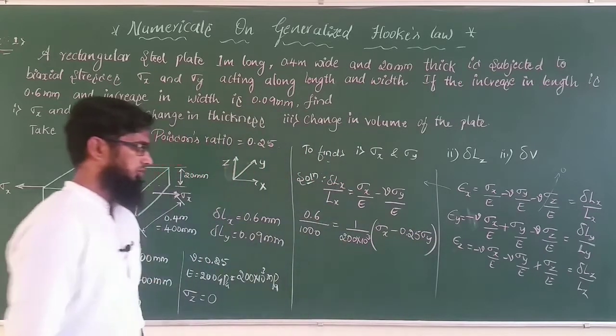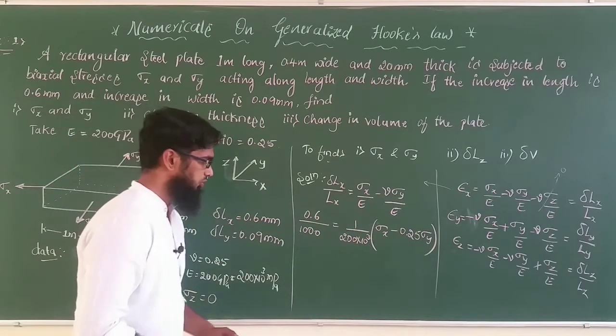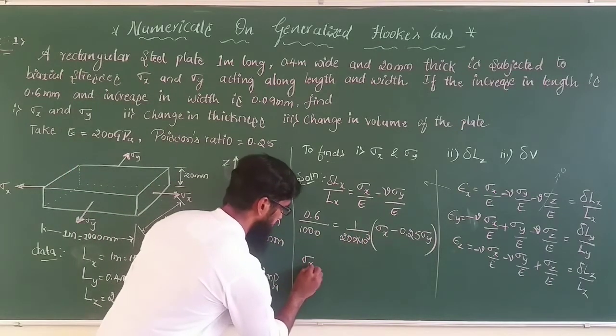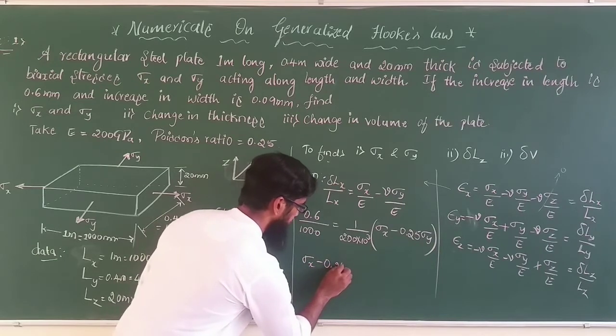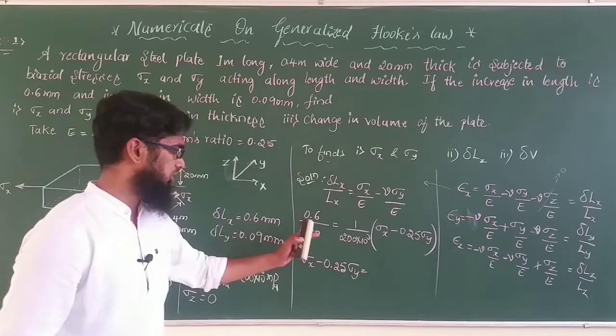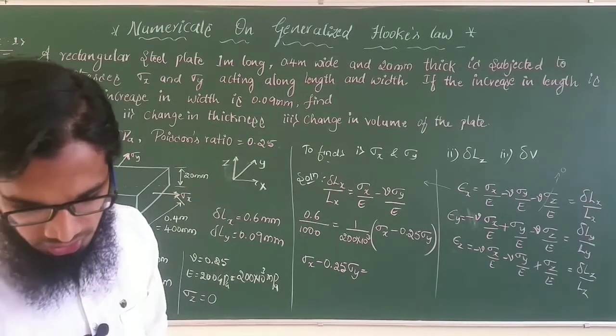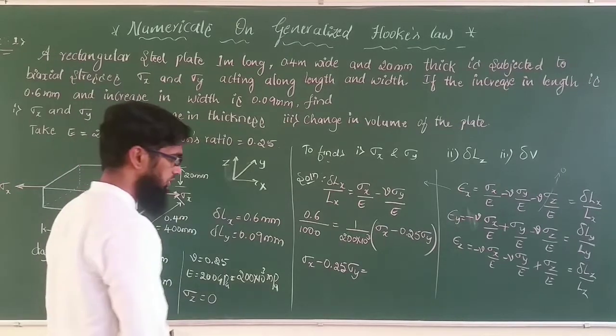Now if I simplify this, I can get equation 1. When we cross multiply and simplify, the equation I am getting is sigma x minus 0.25 sigma y into 120.